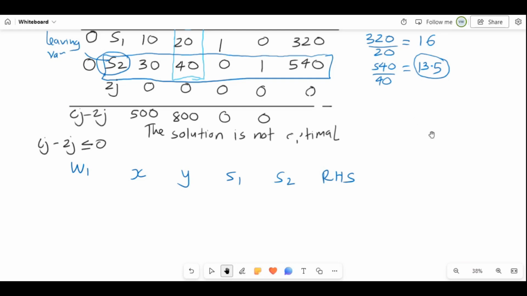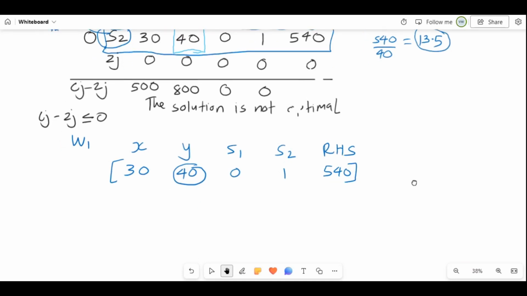As per our initial tableau, we know that this is 30, this is 40, this is 0, this is 1, and this is 540. And remember, this is our pivot row, this is our key row. But now the problem with our pivot row is that the pivot element is 40. And we want to make this pivot element to be 1.